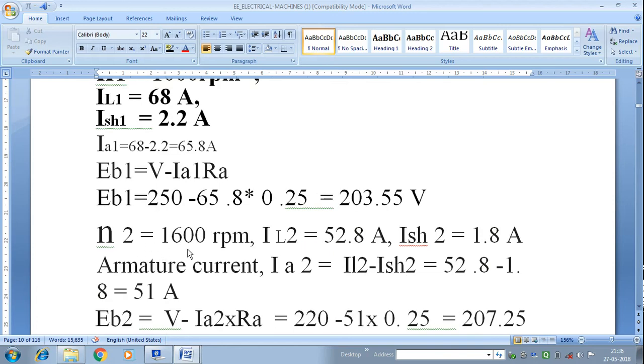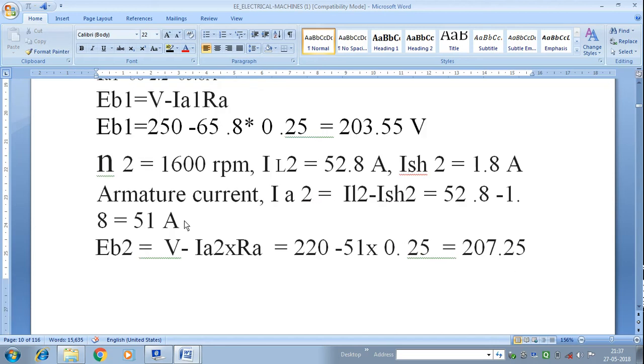The speed becomes 1600 rpm, the line current is 52.8 ampere and shunt field current is 1.8 ampere. Therefore, the armature current in the second case, Ia2, is equal to IL2 minus ISH2, that is 52.8 minus 1.8, that is 51 ampere. So EB2 we can calculate, that is V minus Ia2 RA, that is 207.25.